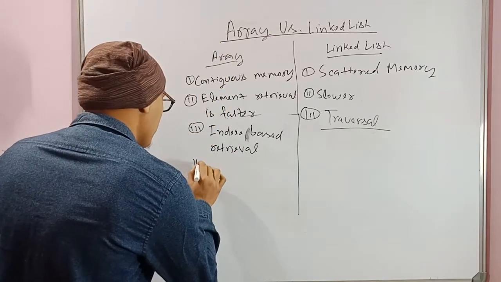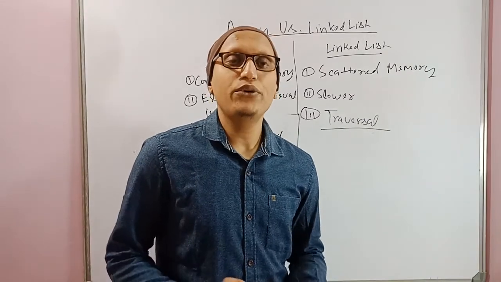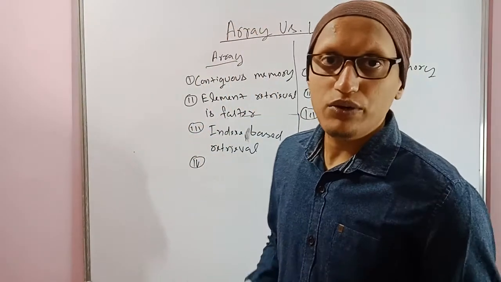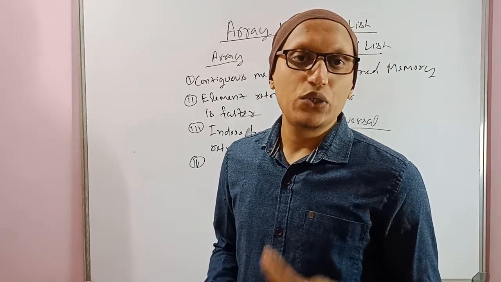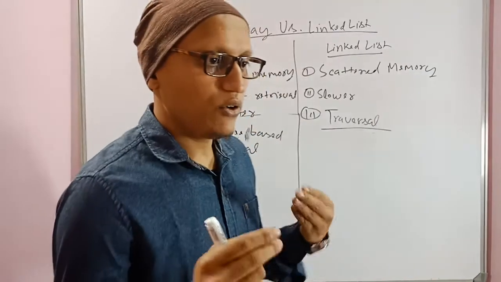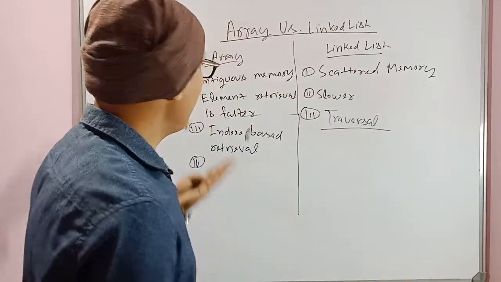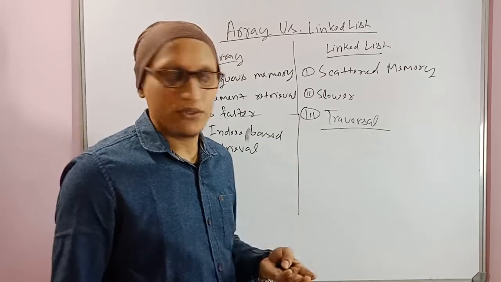Now, in array, in any programming language, if you're going to use an array, you need to tell the programming language how many elements we are going to store in that array. If you're not declaring how many elements you are going to store, definitely that array is not going to be initialized or used.